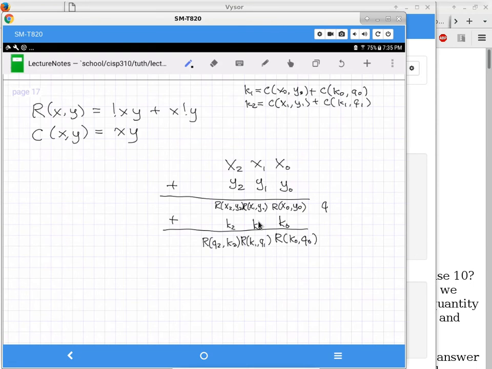And then the leftover carry, which is K3, just to make this more complete, we now define K3, but you know the pattern already, because K3 is really just the carry of adding x2 and y2, or the carry of adding K2 and Q2. So there's no big surprise here. Is that okay?